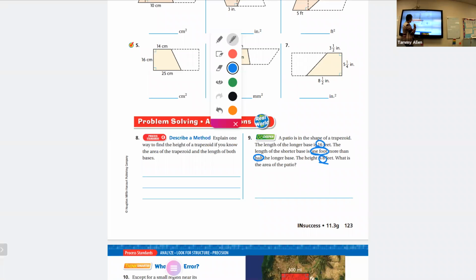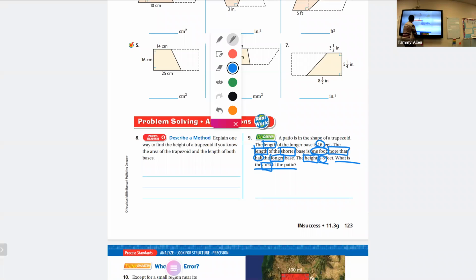Shorter? Box it? Longer? Height, underline the area, length, more than, area? Okay?